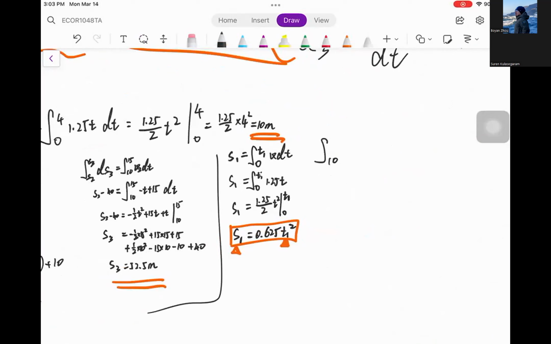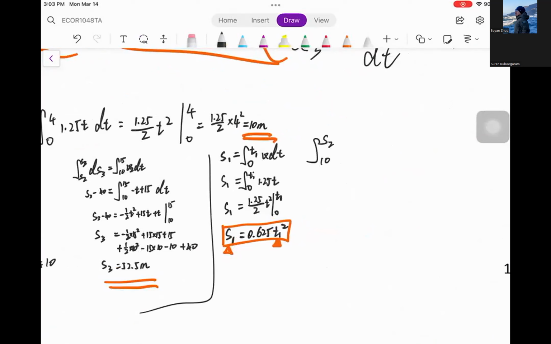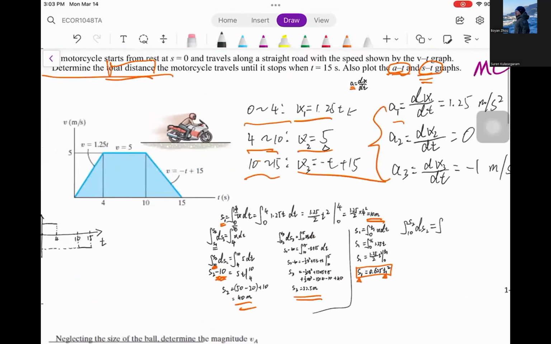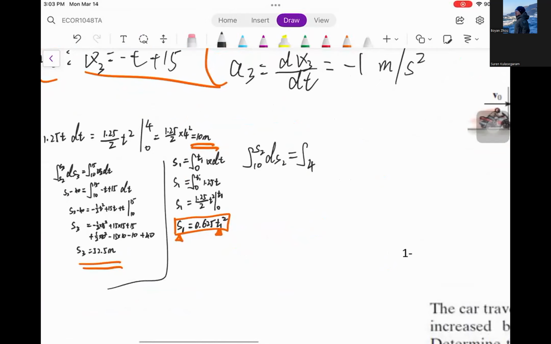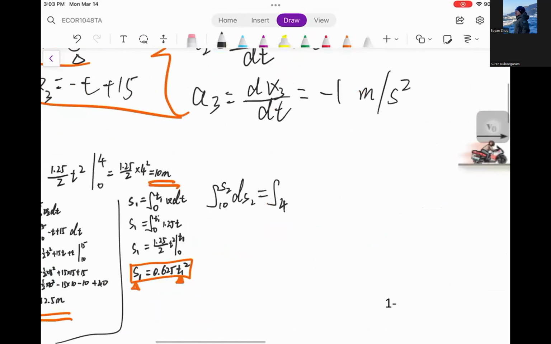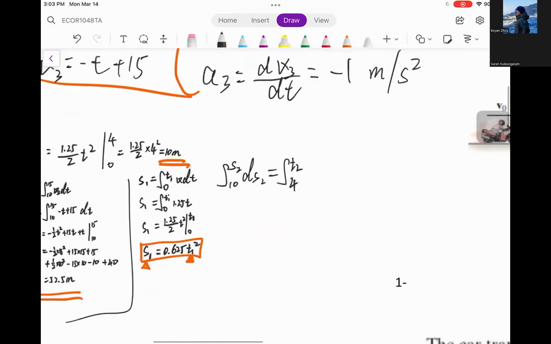So S2 from 10, and the time from 4 seconds to T2 seconds, of V dt.